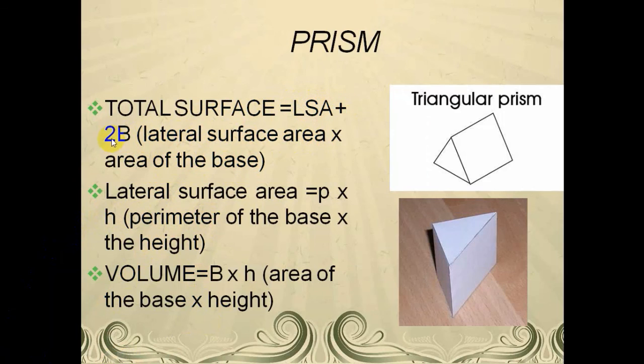The lateral surface area is P multiplied by H, the perimeter of the base multiplied by the height. And the volume is equal to B multiplied by H, the area of the base multiplied by height, for a prism.